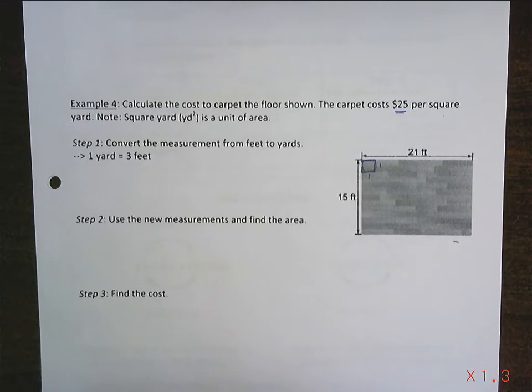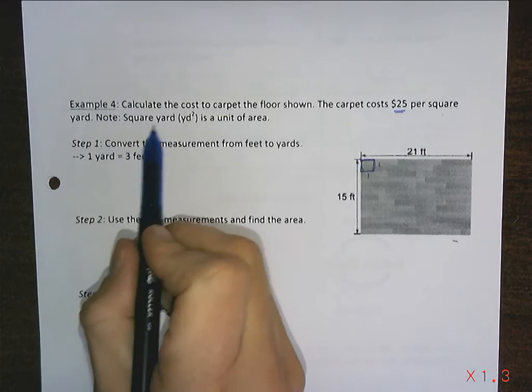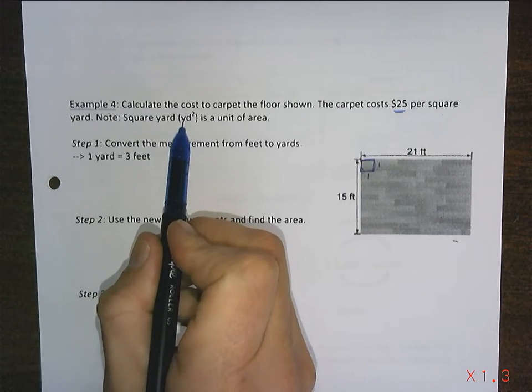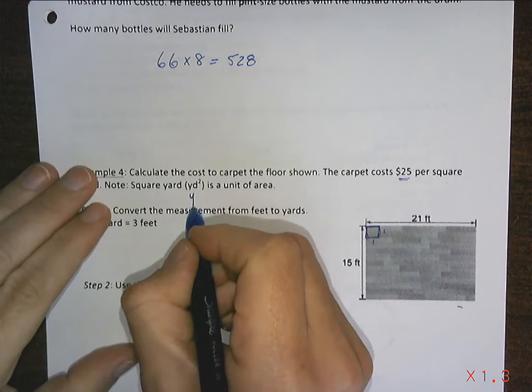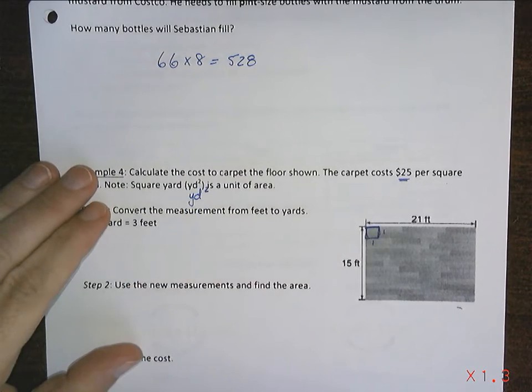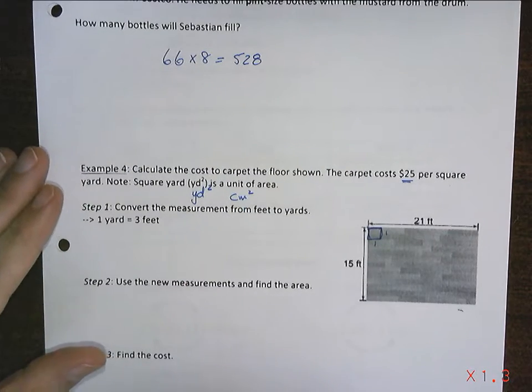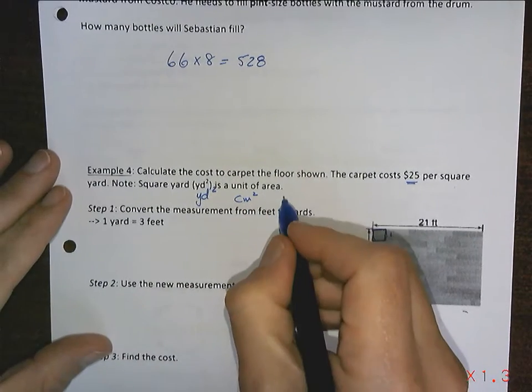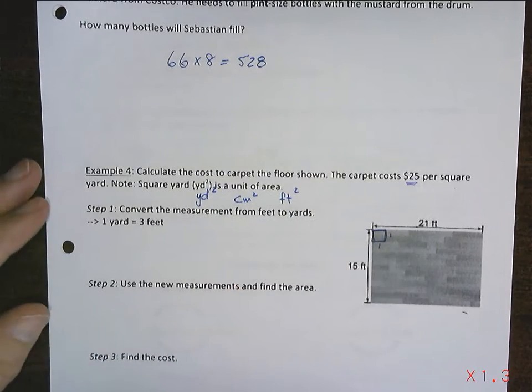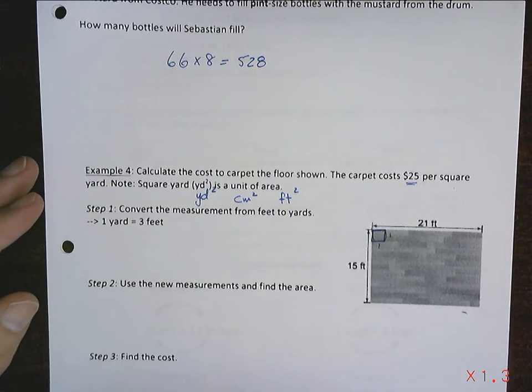So it's $25 to cover 9 square feet. So, note a square yard, the units are given by yd squared. Just like we do centimeters squared, that one would be yard squared. And feet squared. Okay, so it's the same thing.